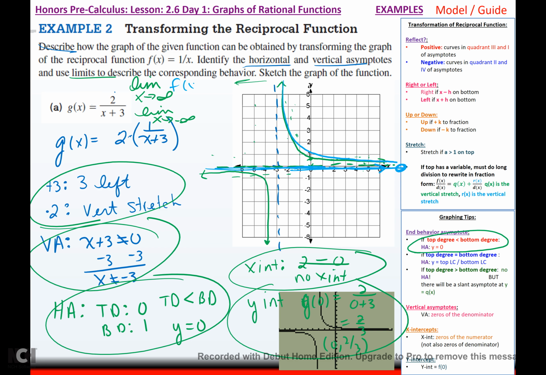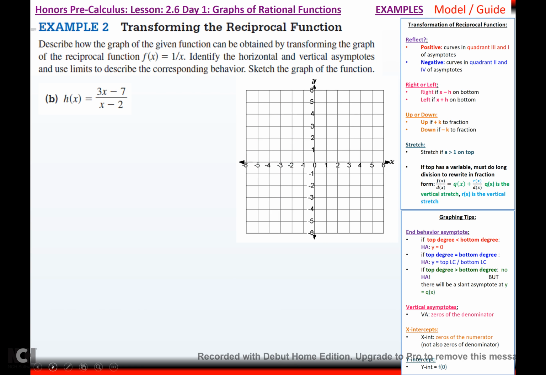So the function is approaching 0 as I go bigger and bigger. On this way, if I go farther and farther left and I trace the function to the left, again, that boomerang is getting really close to this horizontal blue line, which is at y equals 0. So the function is going to 0. Okay? Alright, let's try another one.